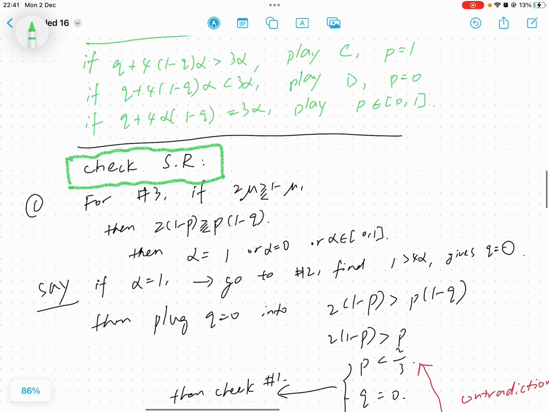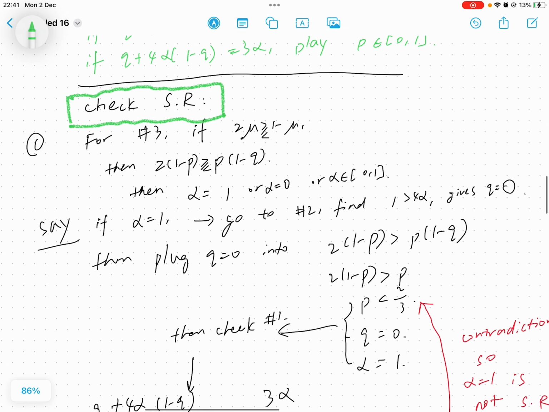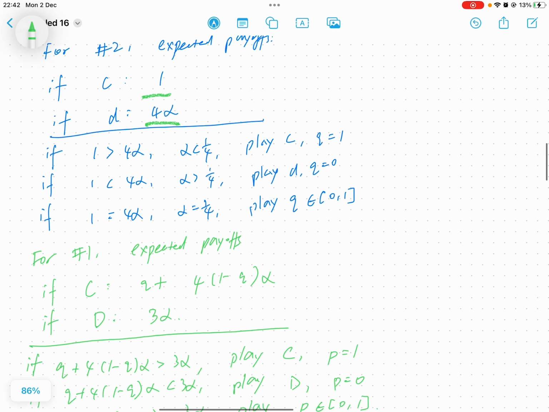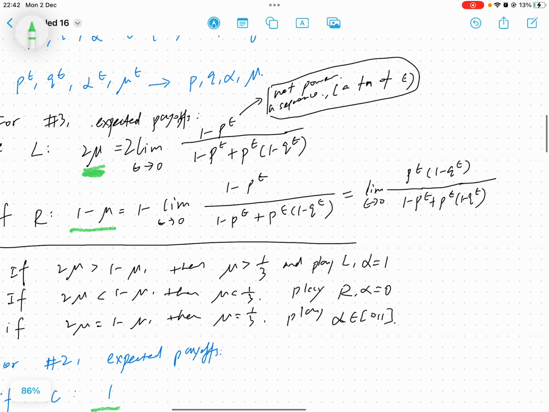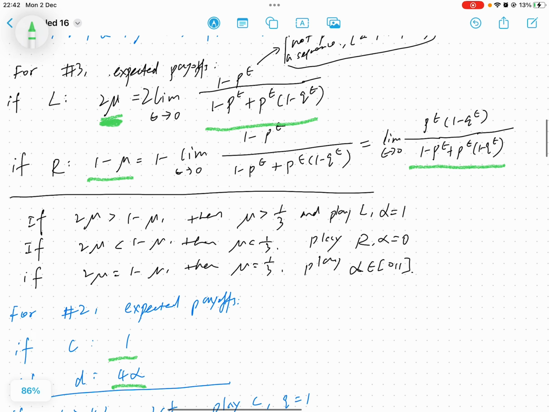Again, we start the analysis from player 3. We have seen that if 2 mu is bigger than, equal to, or less than 1 minus mu, then we have 2 times P is bigger than, equal to, or less than P times 1 minus Q. This is simply from earlier, and we simply compare the numerators of those numbers because they have the same denominator.